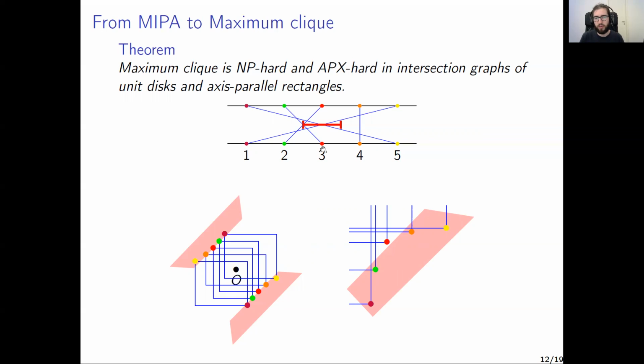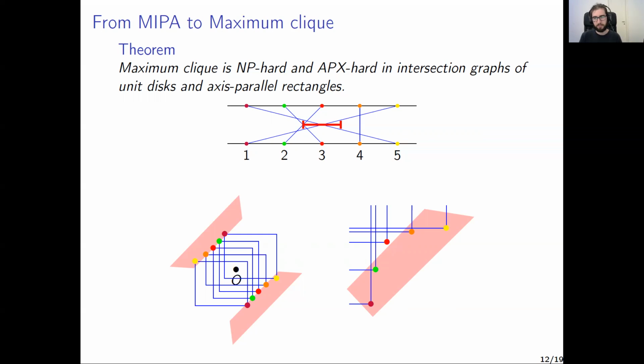Likewise, if you had an interval that would contain, let's say, 3 and 4, then you would take a line that separates the points 3 and 4 from the rest, and you would take a unit disk that contains the points 1, 2, and 5, but not 3 and 4.